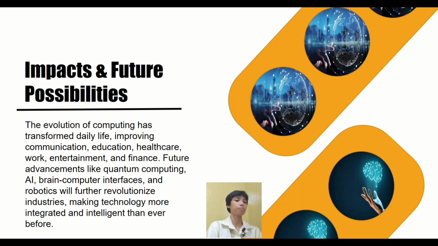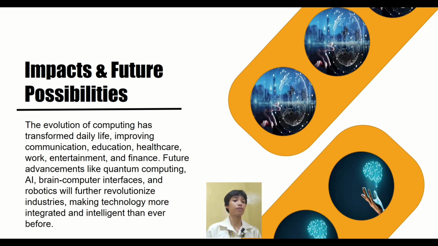So, what do you think are the impacts and future possibilities of this? The evolution of computing has transformed daily life, improving communication, education, healthcare, work, entertainment, and finance.